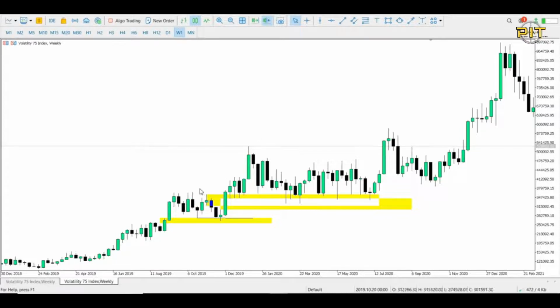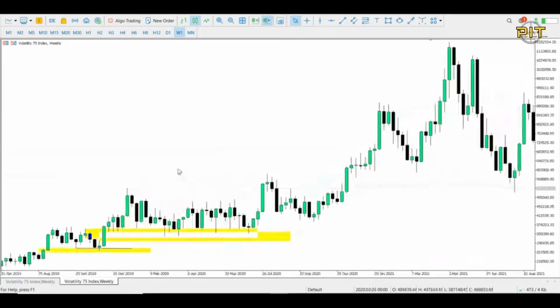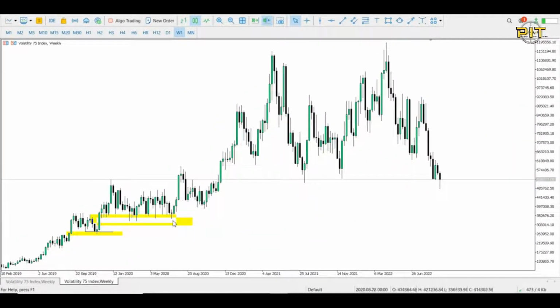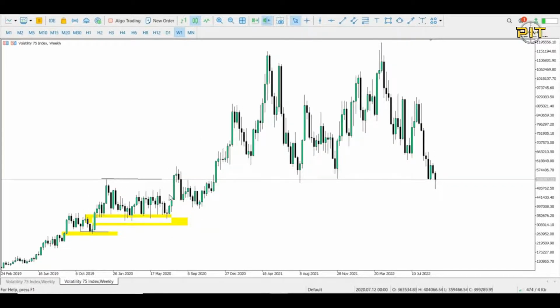This breaker block sponsored the move that grabbed this liquidity, and then price went to the upside, came back to retest the breaker block. Price continued moving to the upside after retesting the breaker block, and then price broke structure again here to the upside.